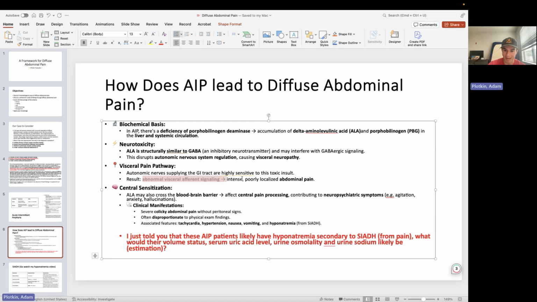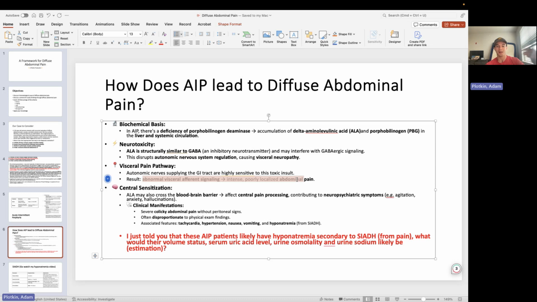Okay, so again, that's the whole purpose: these ALA and PBG are very, very neurotoxic, mess with the entire autonomic signaling pathway and can cause neurotoxicity and mess with all of my autonomic functioning of my abdomen, and then can cause a lot of pain there.